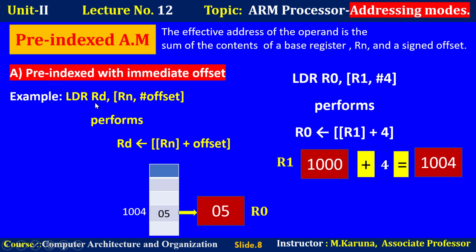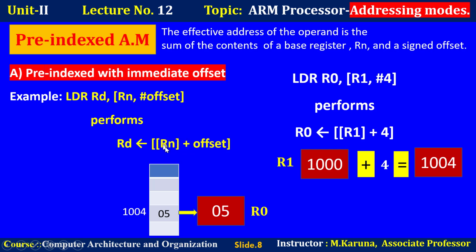Here the load instruction loads the data from the memory location to the register RD. The offset will be added to the content of RN register.